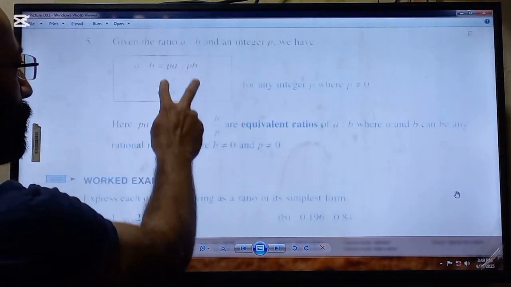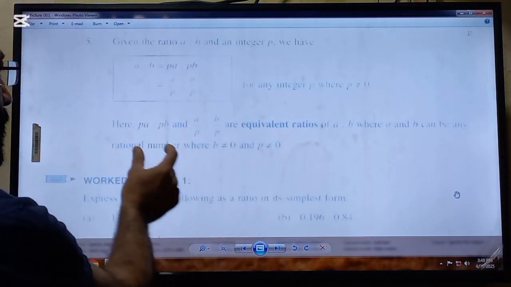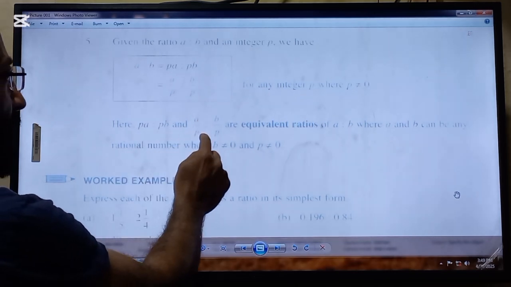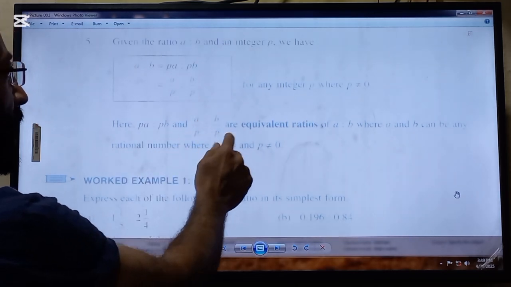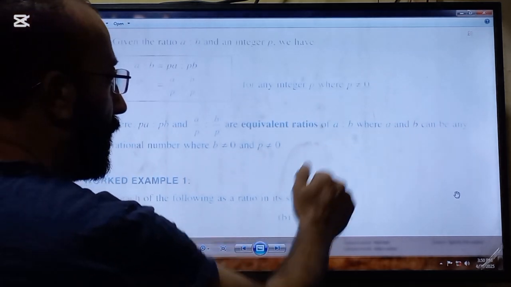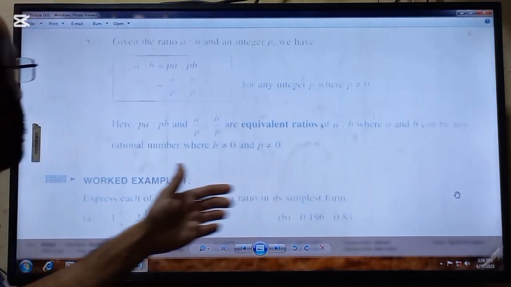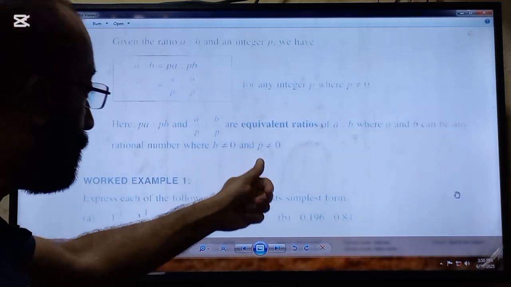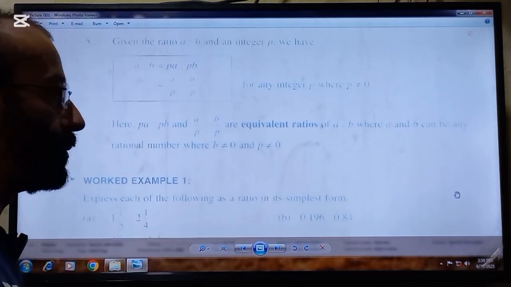So these two ratios are called equivalent ratios. Here PA to PB and A over P to B over P are equivalent ratios of A to B, where A and B can be any rational numbers where B is not equal to 0 and P is not equal to 0.